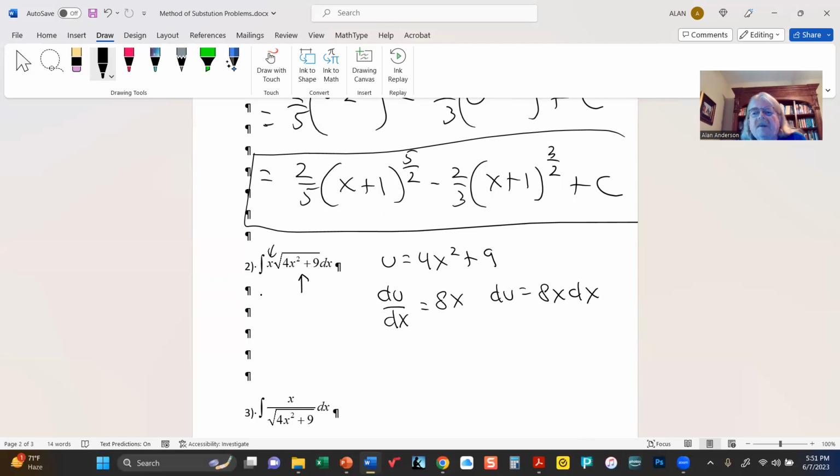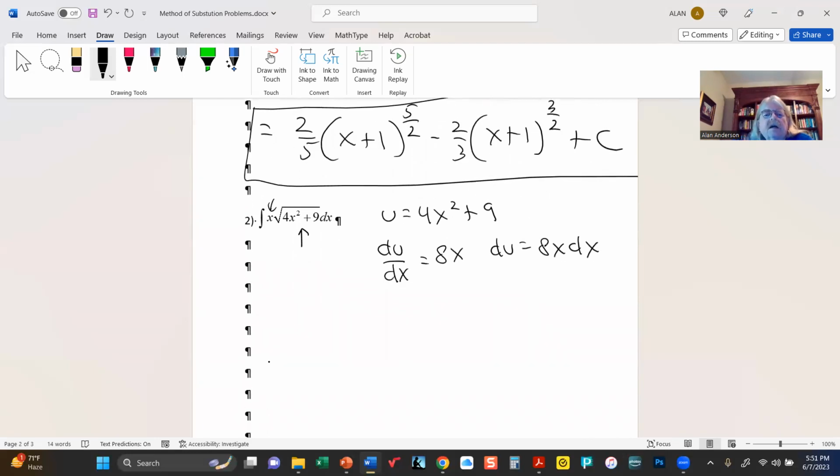We do not. But remember, we saw some cases yesterday where if we're only missing a constant, for something like this, let me rewrite it slightly differently. We need 8x. We don't have it. So what we're going to do is essentially supply it ourselves by doing the following.